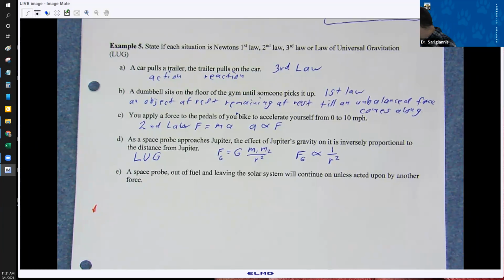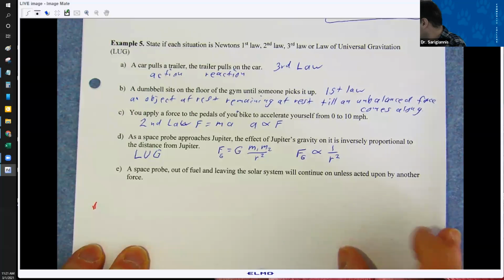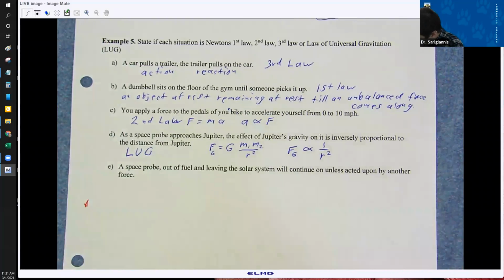Laws listed on the screen. So I didn't print them.